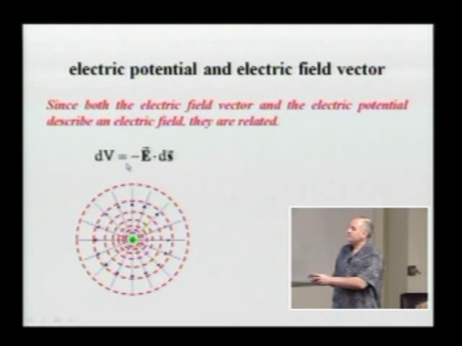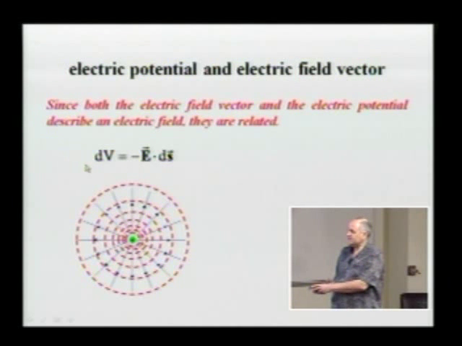It is that the potential difference, or differential potential difference, between 2 points which are separated by a difference in position ds is opposite to the electric field vector multiplied by ds.